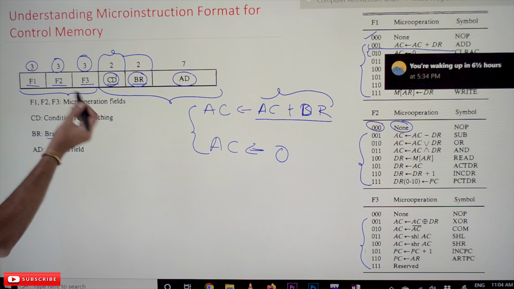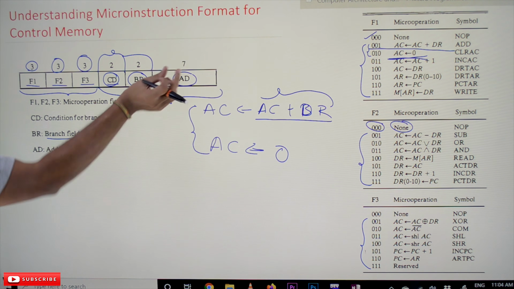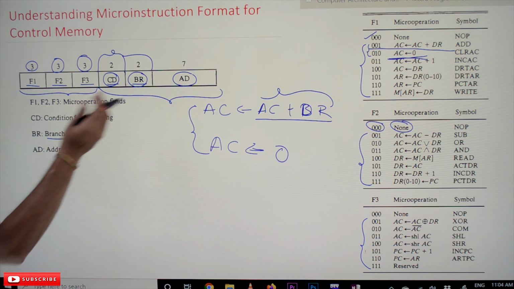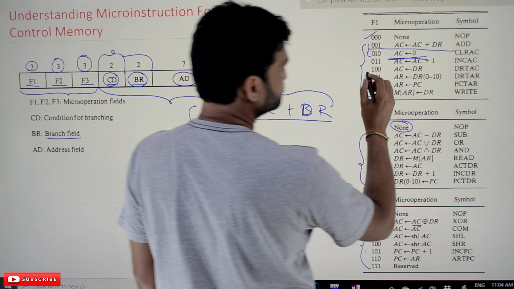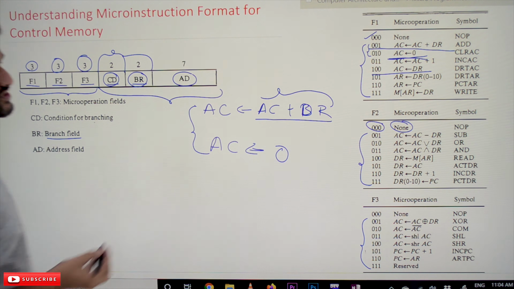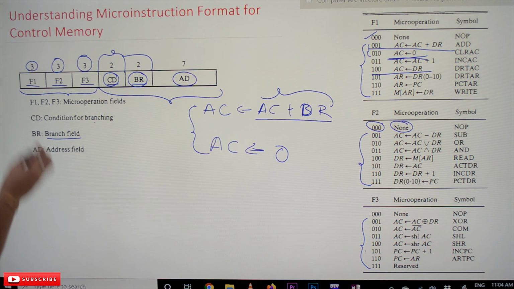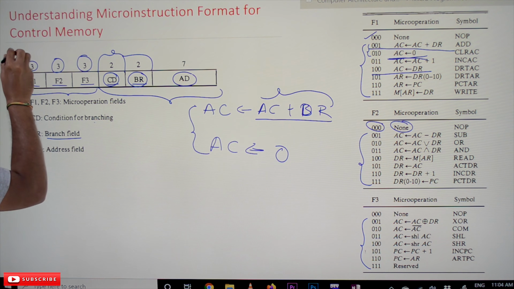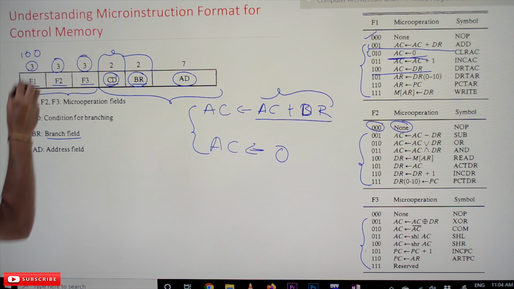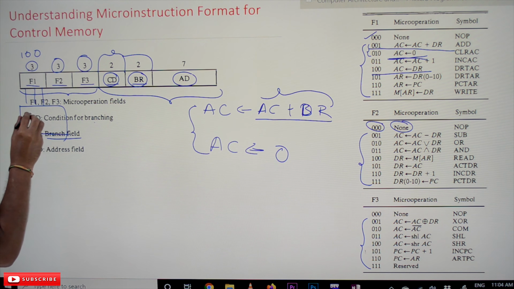By giving the micro operation code, for example, if you want to access this fourth code, what that fourth code states is data register value has to be transferred onto accumulator. So F1 has to be provided with 100, and this 100 is forwarded to the decoder, 3x8 decoder.